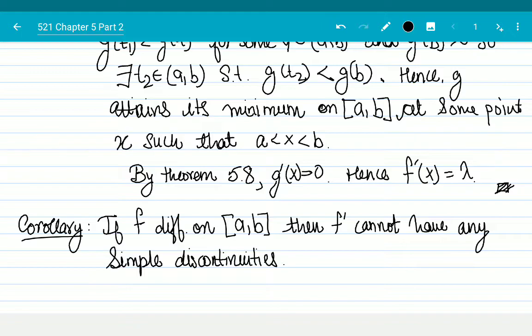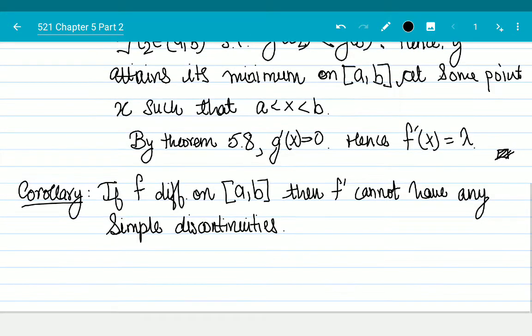That is, if both the limits exist, then it is continuous.